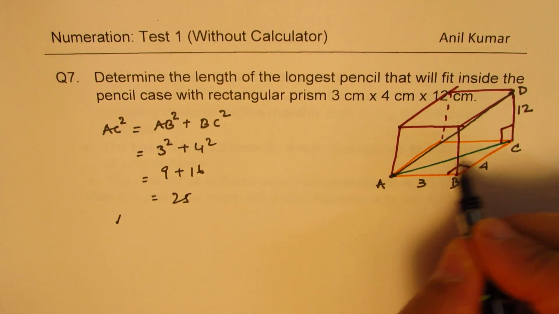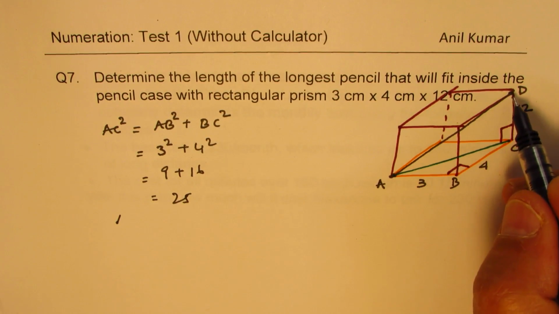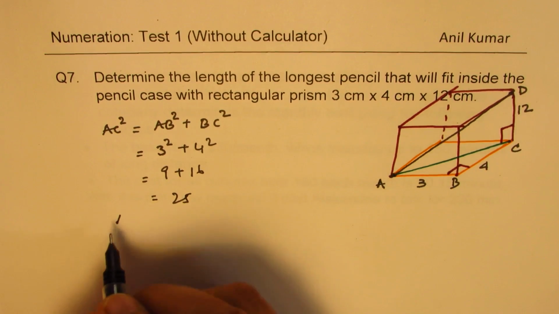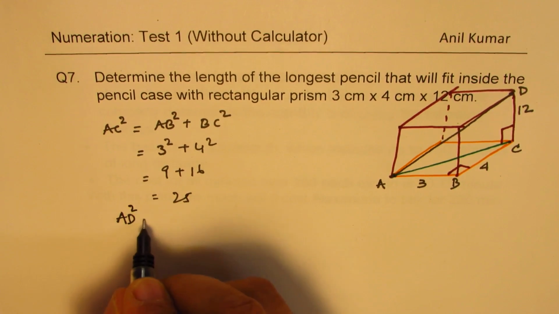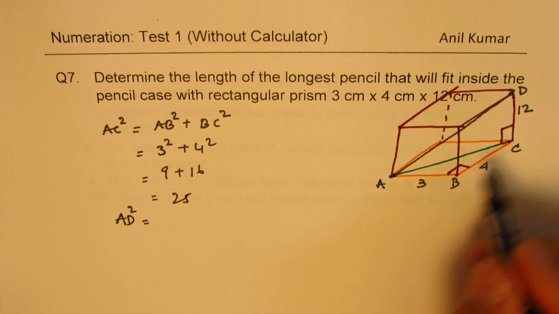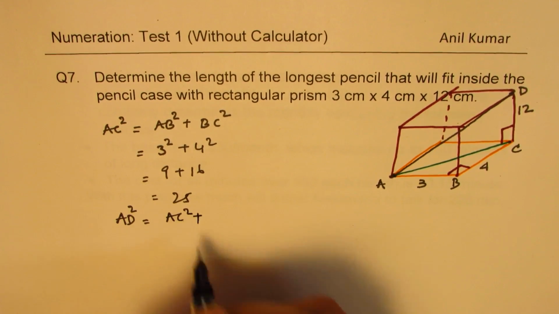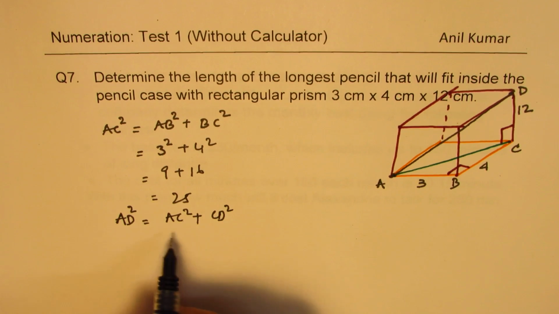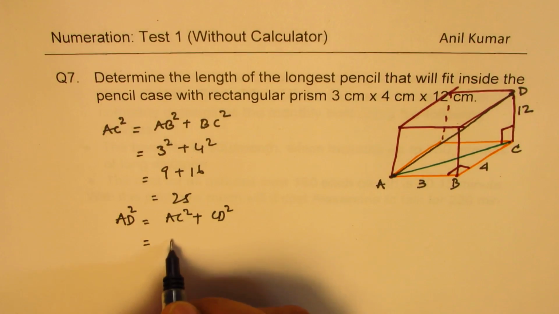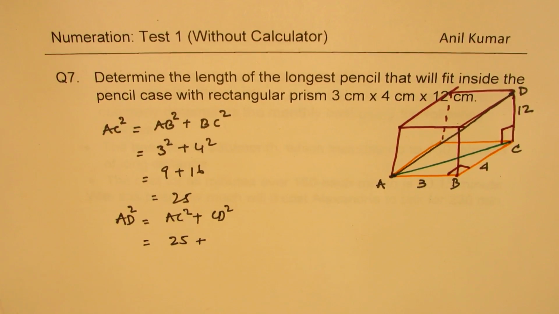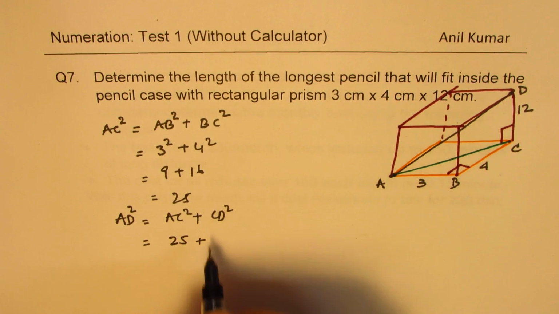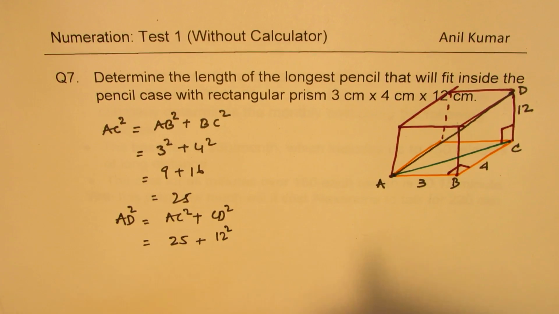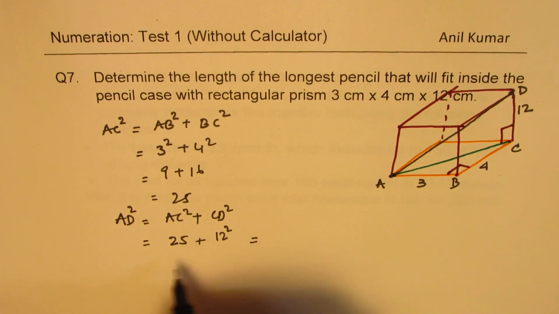Okay. Now in the other triangle, we need to find what is AD, right? So we have AD square now is basically AC square plus CD square. Now you can see AC square, we just calculate this as 25, and CD is 12, so it is 12 square. So let's calculate.